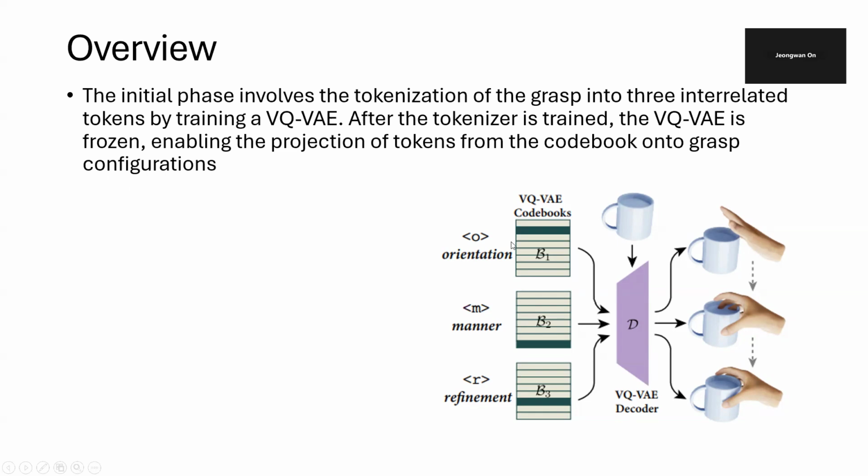So in this architecture, we have 3 codebooks, one each for orientation, manner, and refinement. And once a codebook vector is selected, they can be fed into the VQVAE decoder, which then generates a hand grasp.